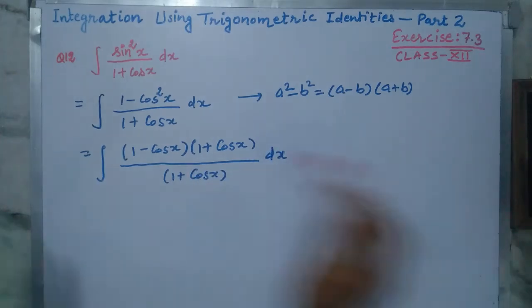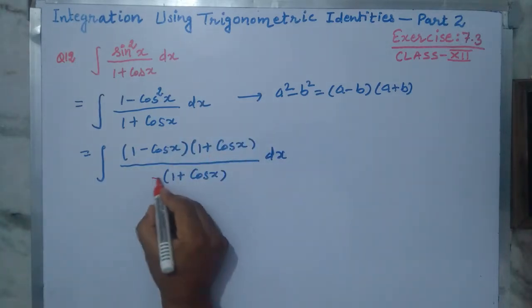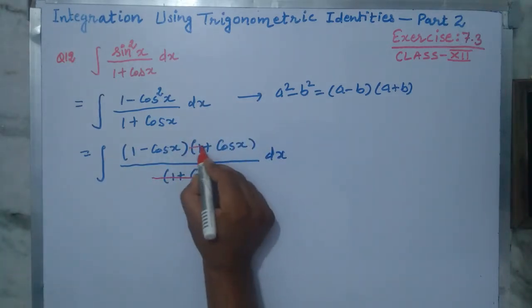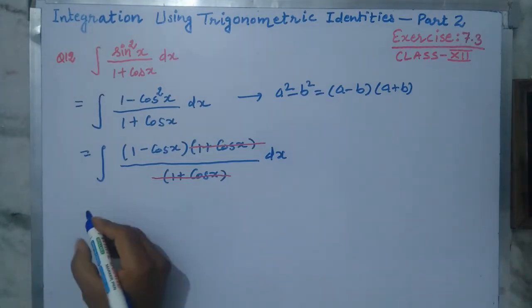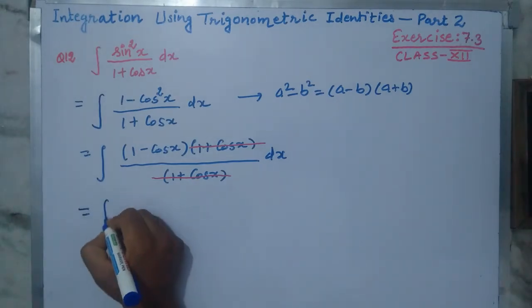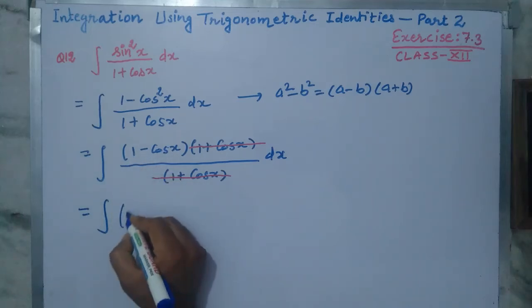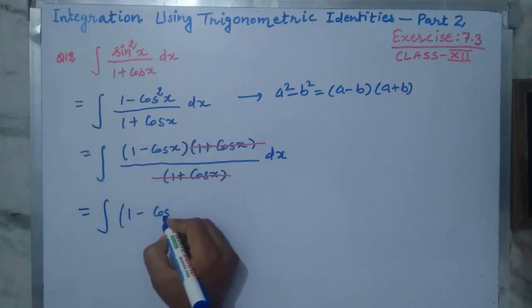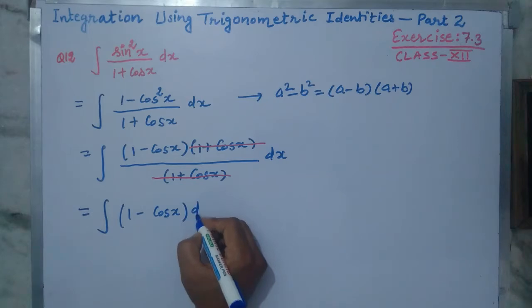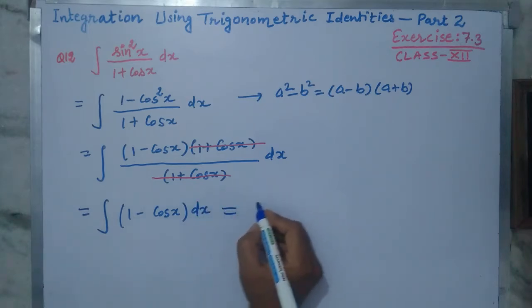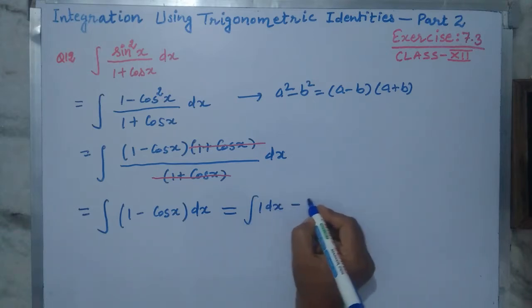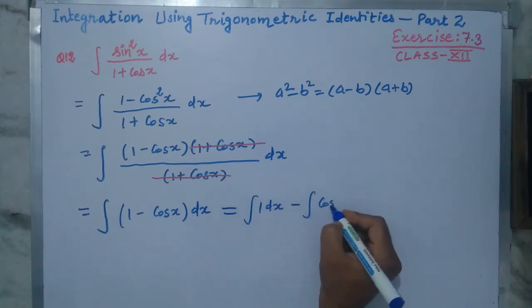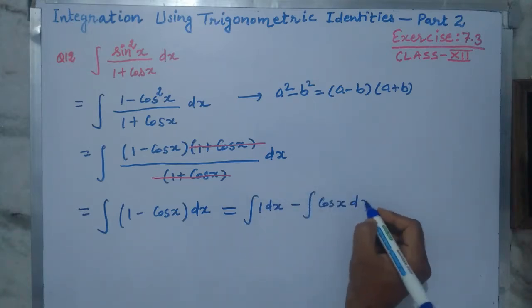So this way this factor is common in numerator and denominator and gets cancelled. So we are left with the integration of 1 minus cos x into dx, which can be written as integration of 1 minus integration of cos x into dx.